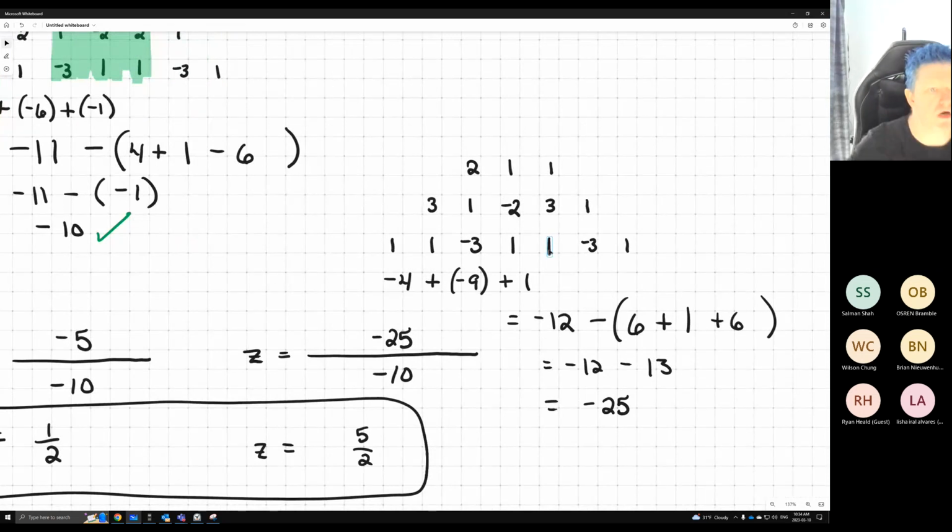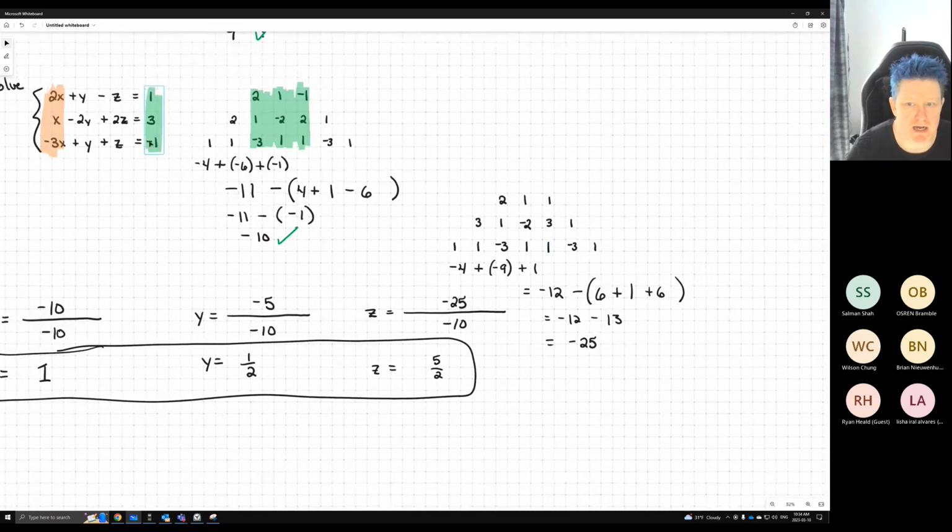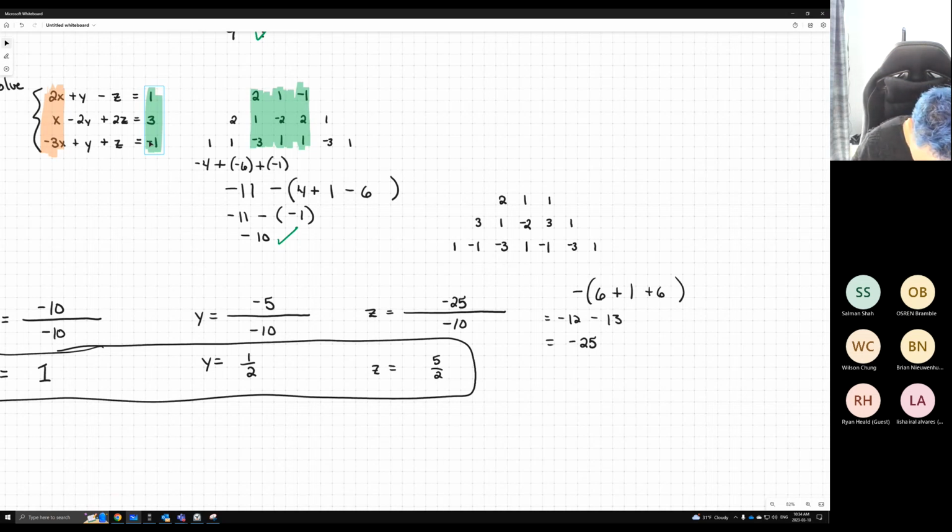That should be negative 1 because of the right-hand side. So this should be a negative 1 right here, and therefore this should be negative 1. So there's my mistake. That's why it's a good idea to be careful and check your answers.